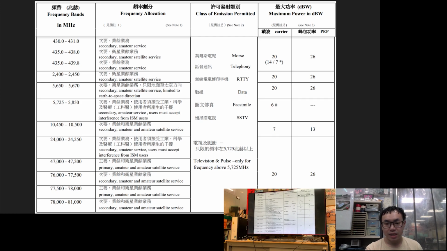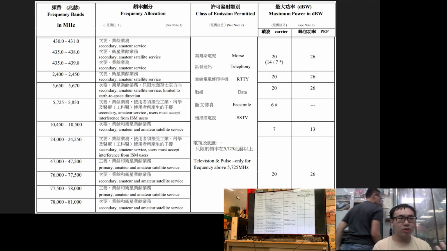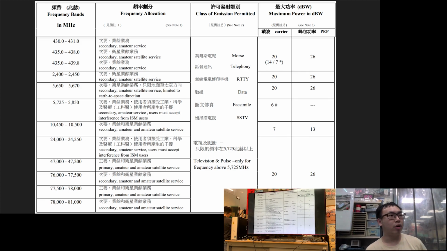You will see that there is a little star besides the carrier, the maximum power of the carrier wave, which is 14 and 7. The 7 is for mobile and portable. We call the handheld radio as portable, and for mobile it is 14 dB watts. And 20 is for fixed station.